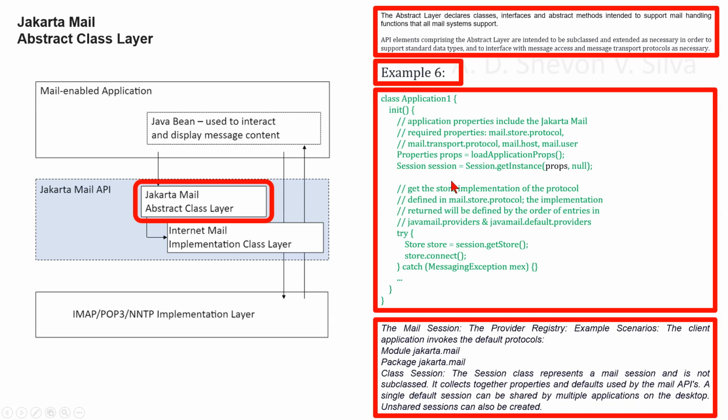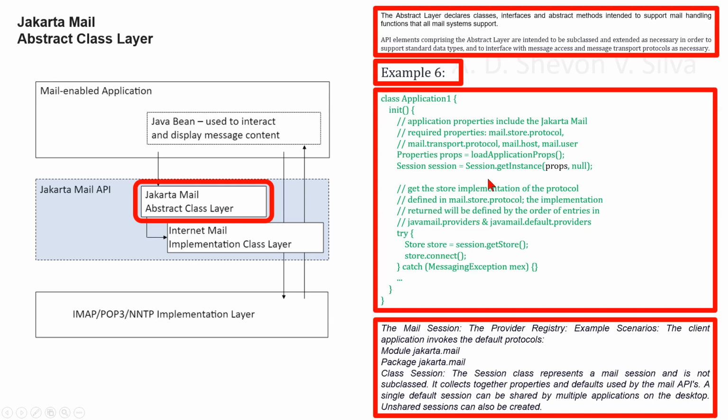For example, to create the session using a static factory method, you can use getInstance, or to create or access the default shared session, you can use the method Session.getDefaultInstance.